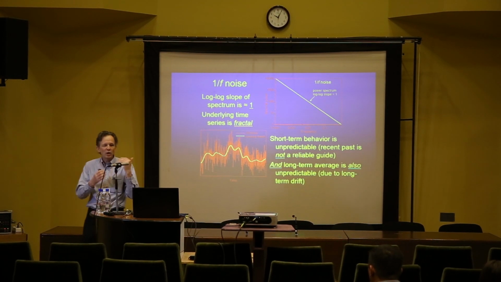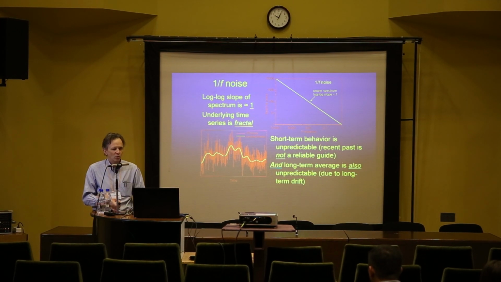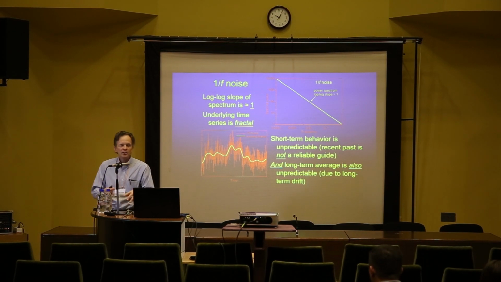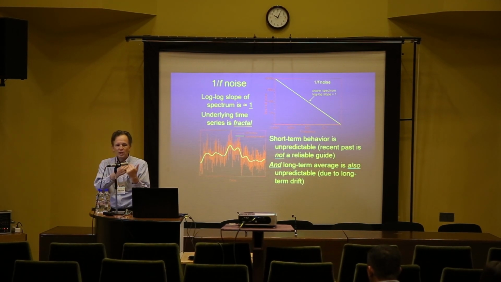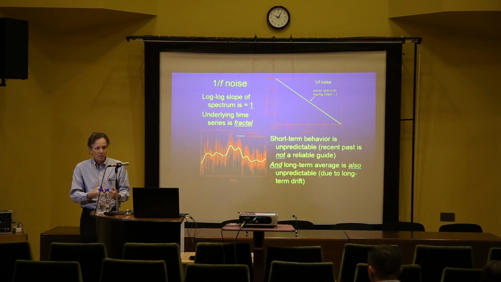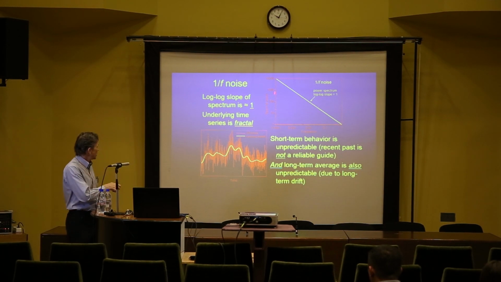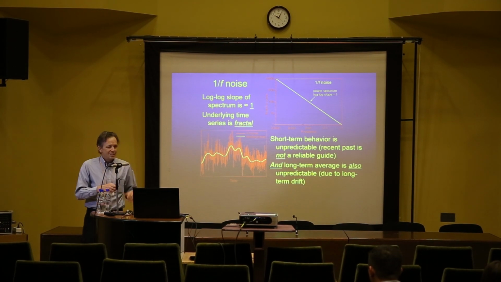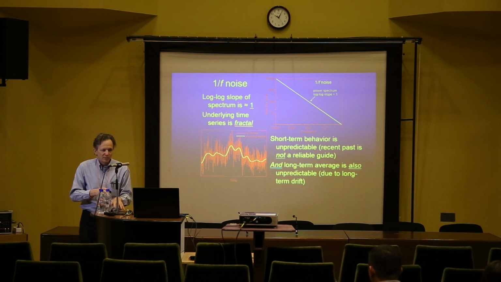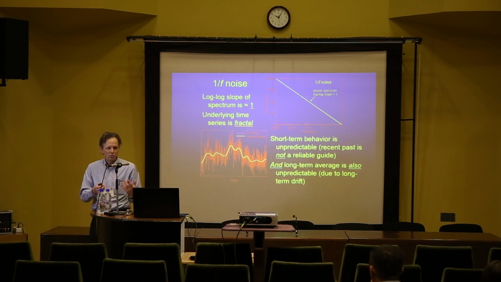Now, in between white noise and random walks, we have something that the physicists call 1/f noise, in which spectral power is inversely proportional to frequency. And so if we make a power spectrum plot, we get a slope of 1. And in terms of predictability, 1/f noise is the worst of both worlds.